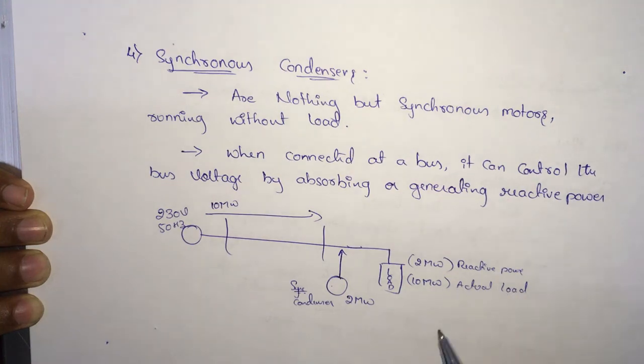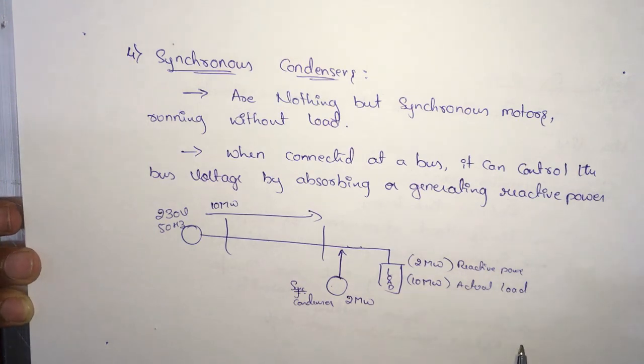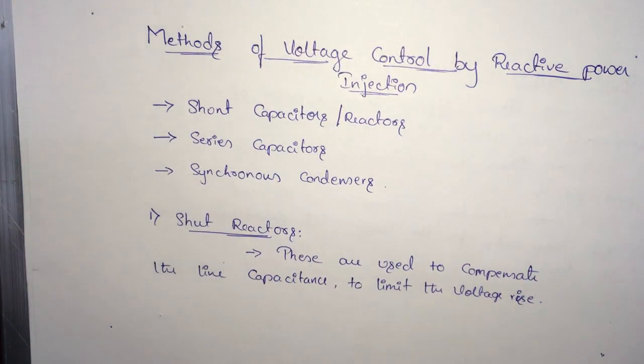Both are one and the same. This is how we use a synchronous condenser to compensate the reactive power. This is about the methods of voltage control by reactive power injection.